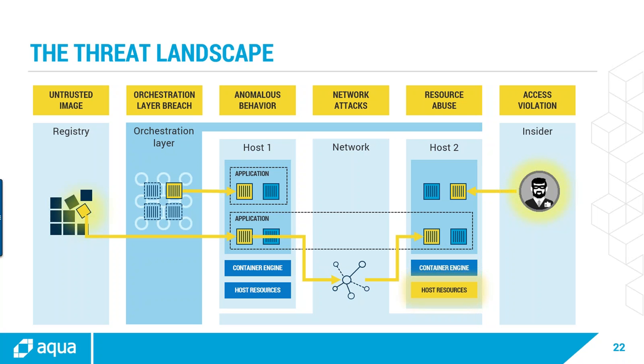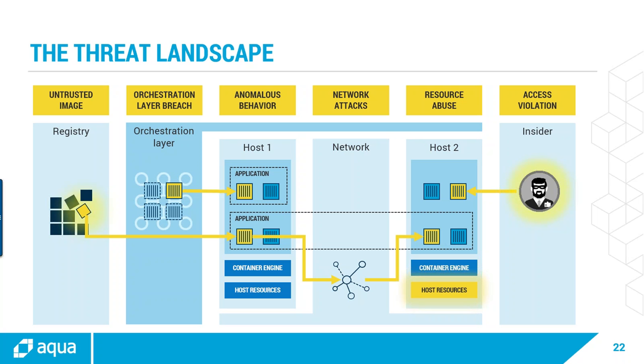But if we look at it from a workflow perspective, there are issues with untrusted images, which is something that Randy highlighted before. The orchestration layer, obviously, as a main entry point into the whole runtime environment of how containers are deployed and run, needs to be properly secured.